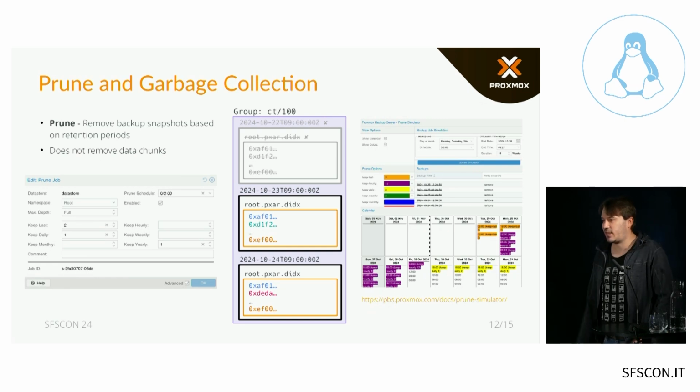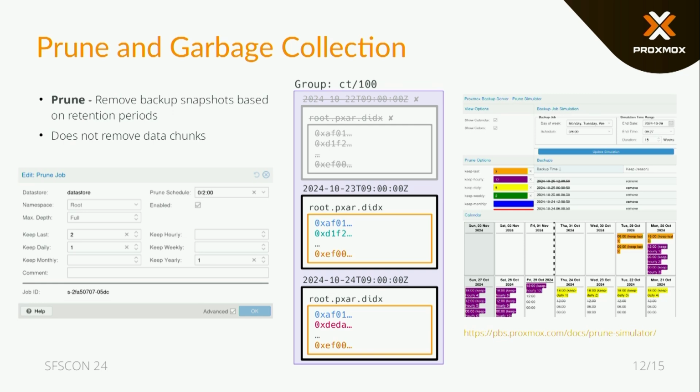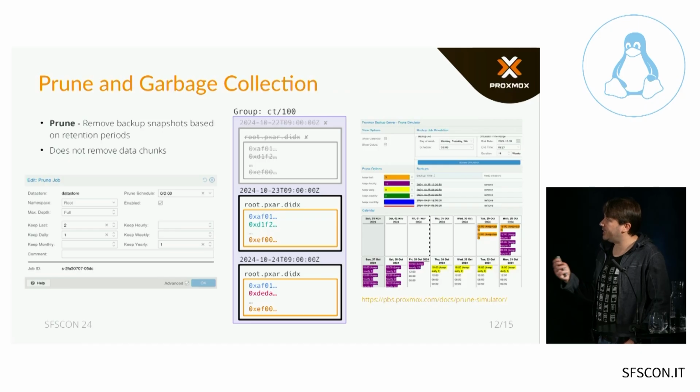Of course, if you take a lot of regular scheduled backups, after some time your storage space will fill up. So you want to get rid of unused backups. So Proxmox Backup Server also provides prune and garbage collection features. So a prune can be scheduled in order to delete the index files or the metadata files related to the backups by defining retention periods.